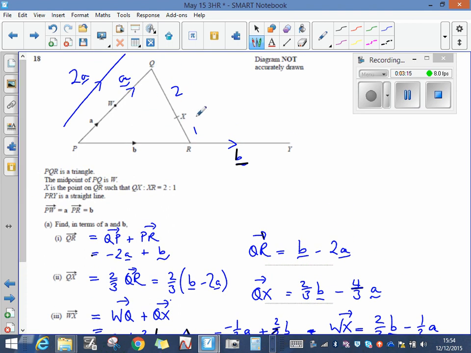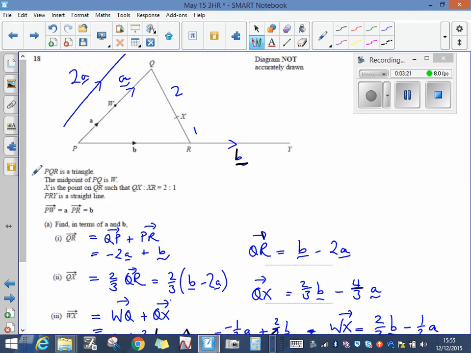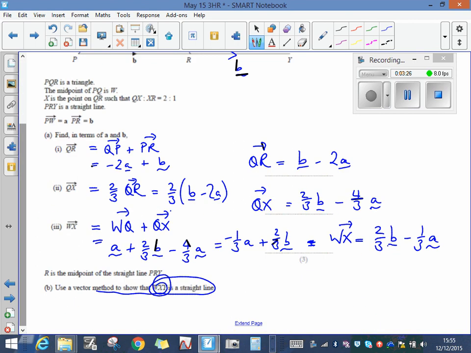There's W, there's X, and there's Y. Let's look at what we've already found. We already know the vector WX. So WX, which we've just found, is 2/3 B minus 1/3 A.